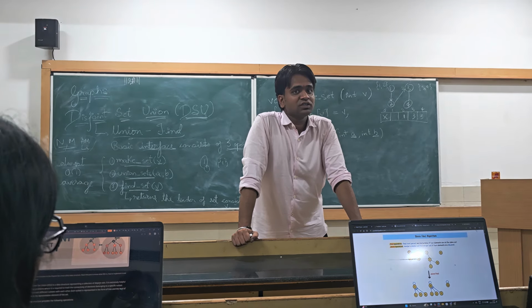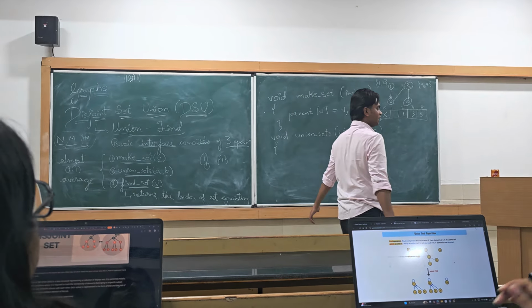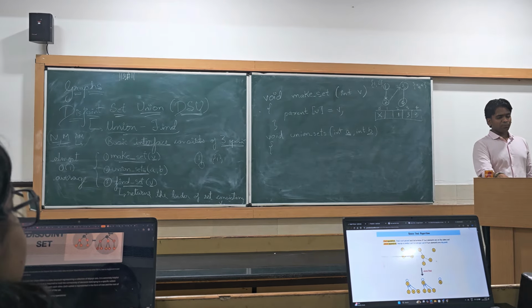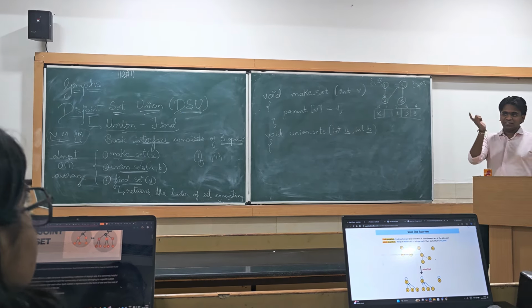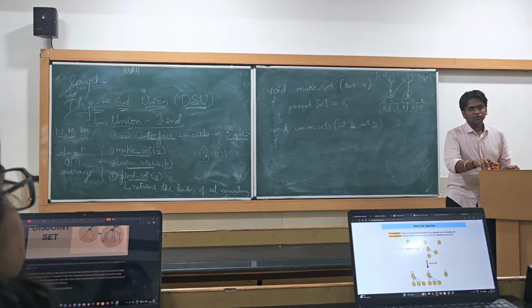So what do you do first? Find set. Find leaders. Get it? Leaders कैसे find करोगे? Parent array. हाँ. Leader store parent array में, but find करने के लिए किसको कॉल करना पड़ेगा?